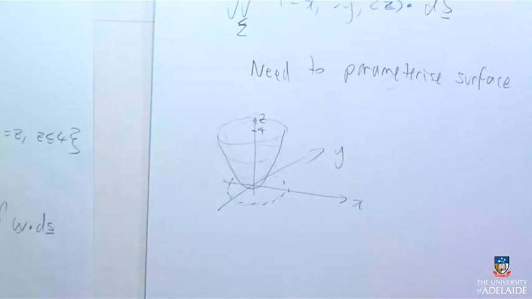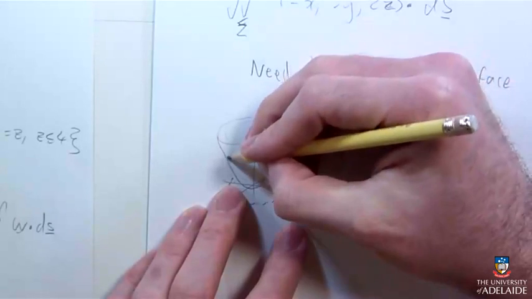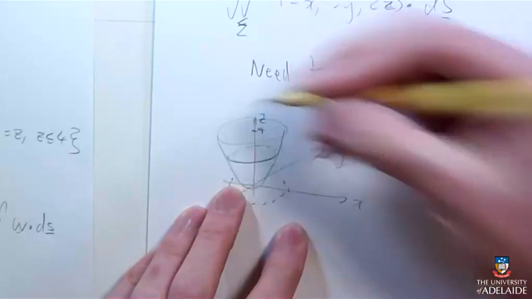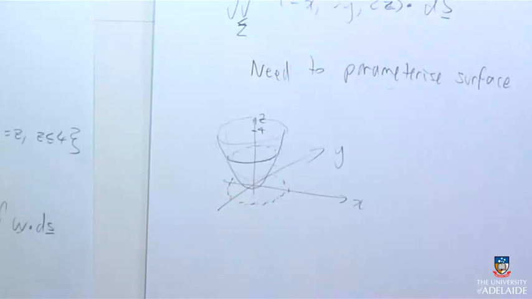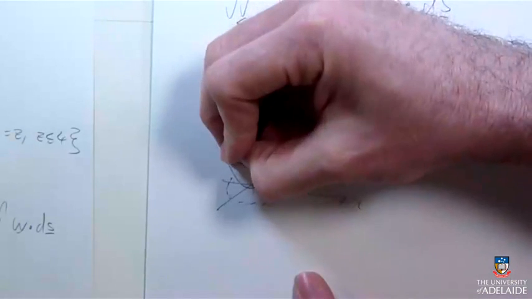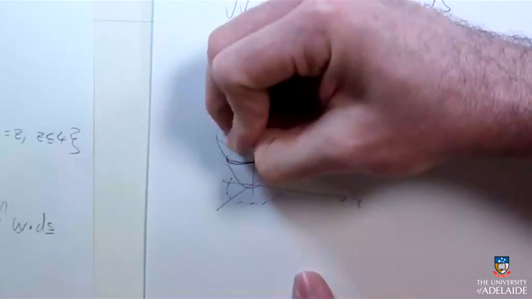So maybe what I could do is capitalize on those circles. Because what I could do is I could pick a height, and then given that particular height, I could pick a circle at that height. And I know how to describe a circle. It's got its own famous little parameterization for a circle that I can use.